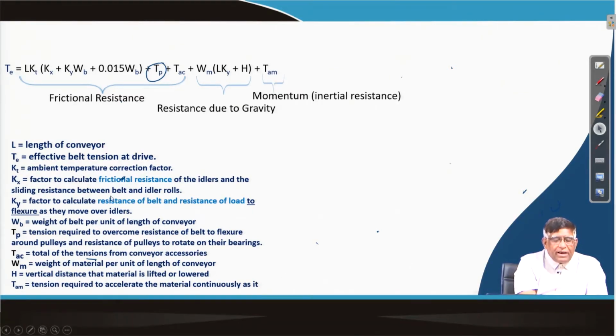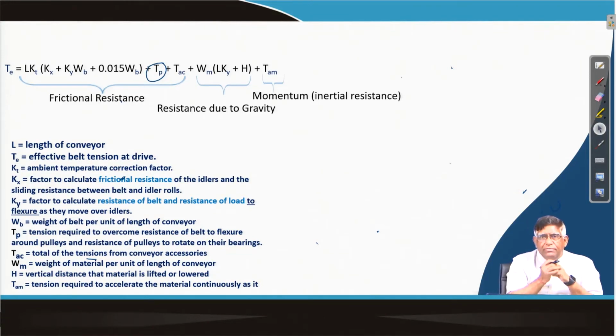Then there are the frictional resistances of the idlers and the sliding resistances between the belt and the idler rolls, which give the factor Kx. Ky is a factor to calculate the resistance of the belt and the resistance to the load due to flexure as they move on the rollers, and then the weight of the belt per unit length.